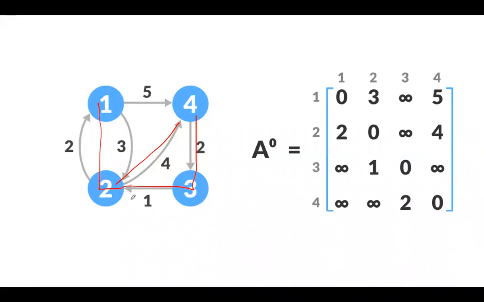This is the adjacency matrix for the given graph. 1, 2, 3, 4: 4 nodes are there, and loops are not there. So we'll keep the diagonal completely 0 throughout our operation. By mistake, don't write any values here.